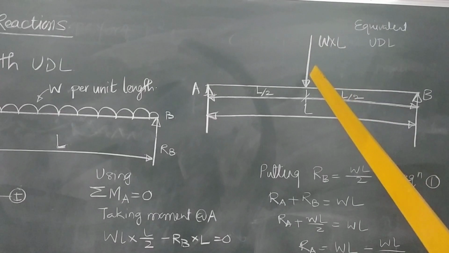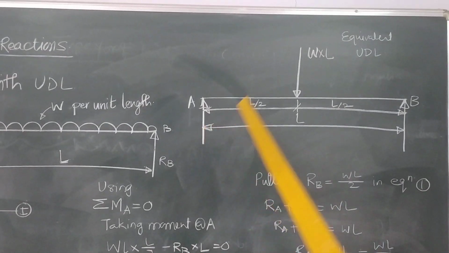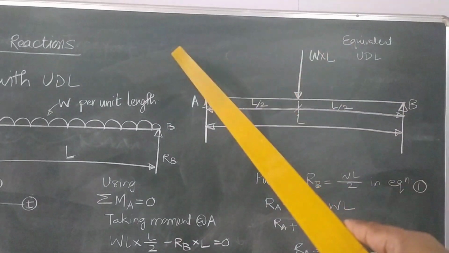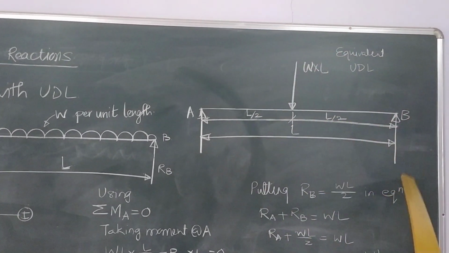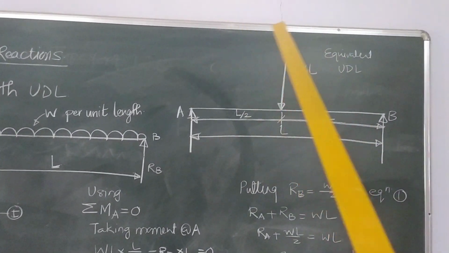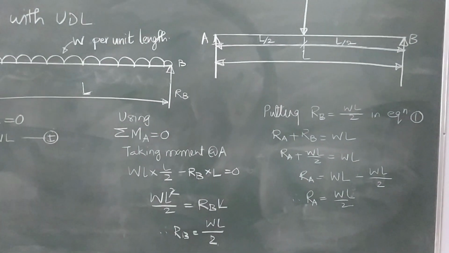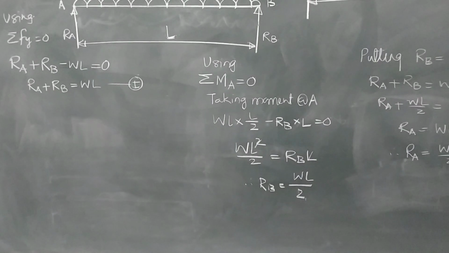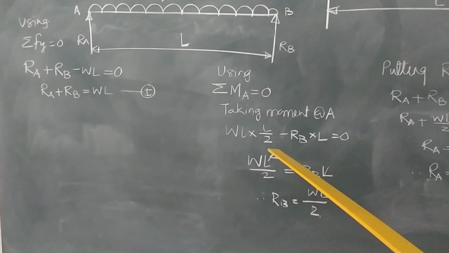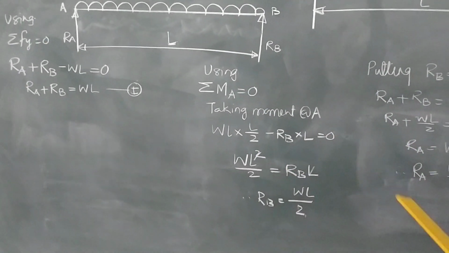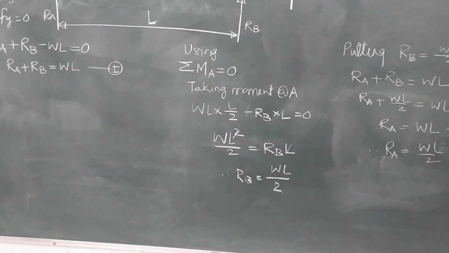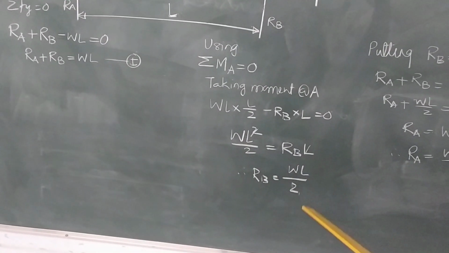WL into L by 2 is positive, and minus RB into L, because it is an anti-clockwise reaction, equal to 0, or WL square by 2 equal to RB into L. L will get cancelled. Therefore, RB is equal to WL by 2.